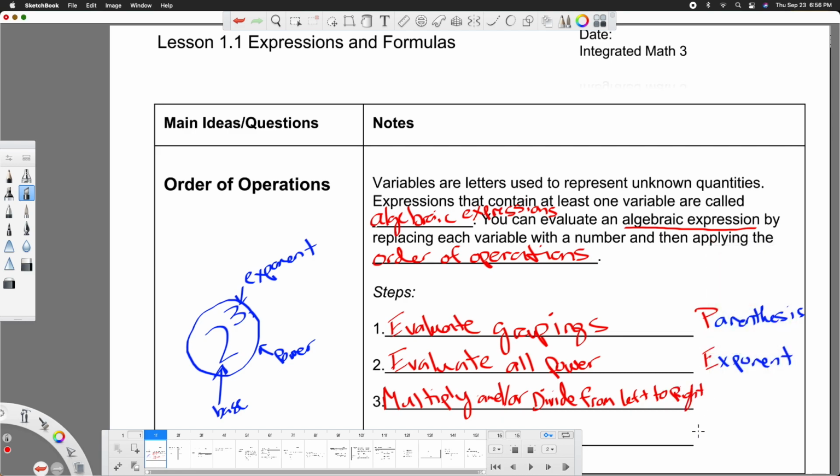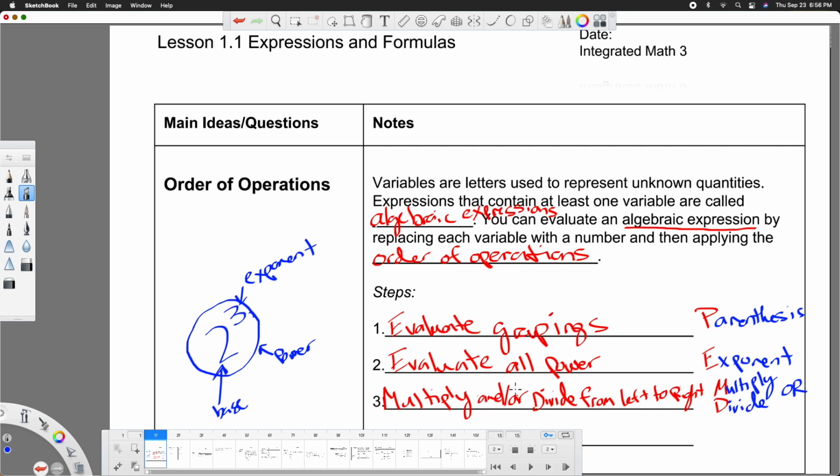This is the M and the D part of PEMDAS, right? The multiply or divide part. The or is important, so I'm going to make that a little bit bigger so you can see it. It's not multiply and divide, it's multiply or divide.